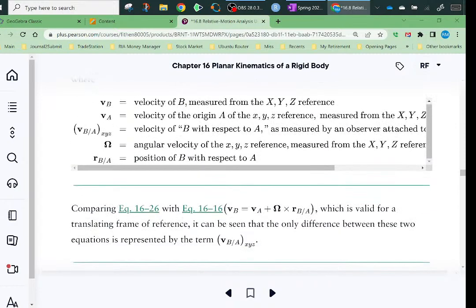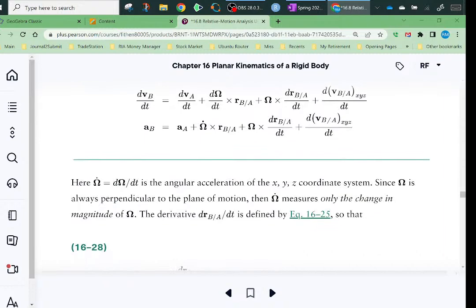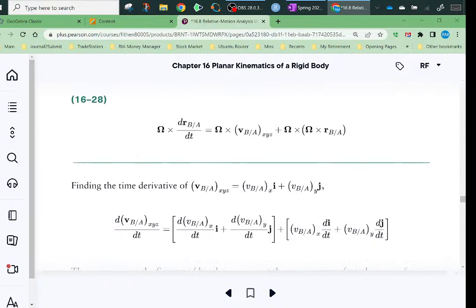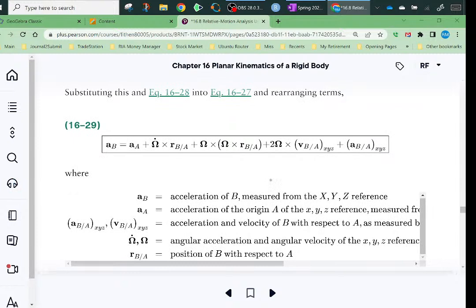Let's see. I haven't seen the word yet. So you get an extra term for a rotation. Okay, so the acceleration of B is acceleration A plus all this other stuff. So notice you get some of the stuff that looks similar, but some of it does not, because look right here.